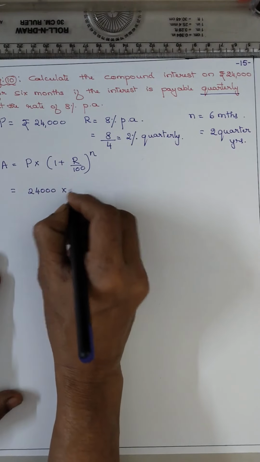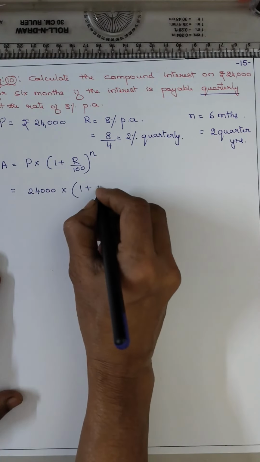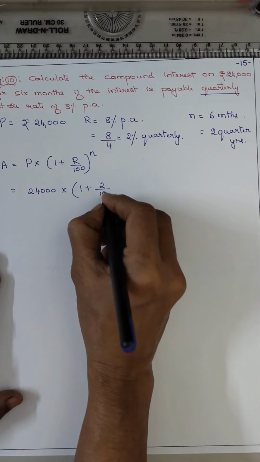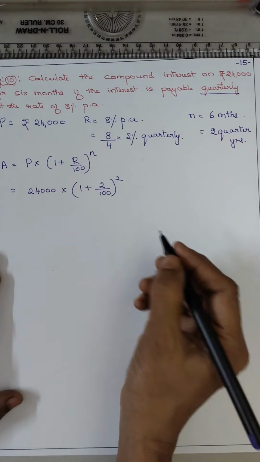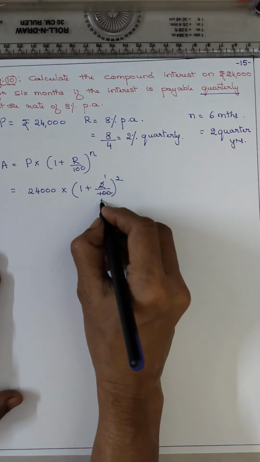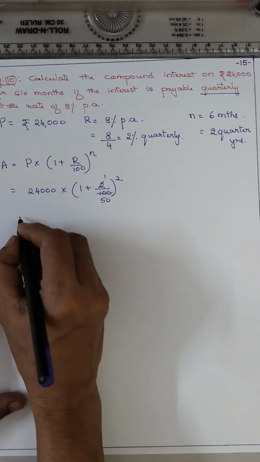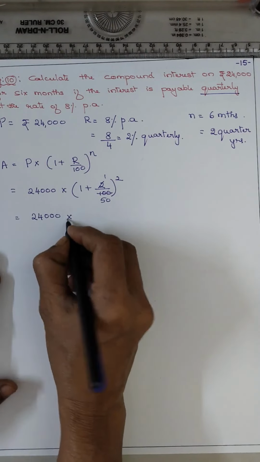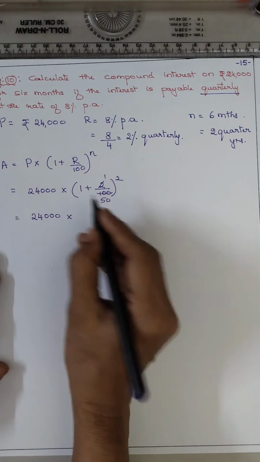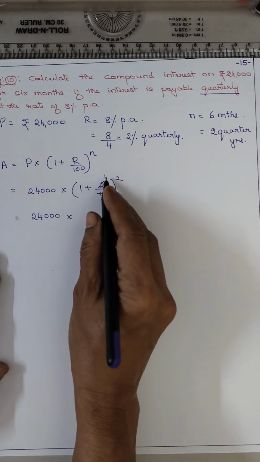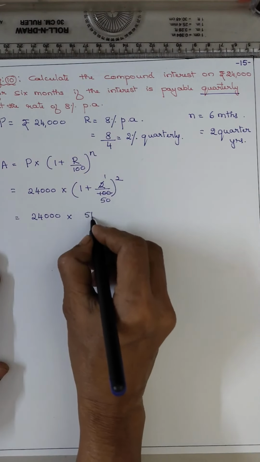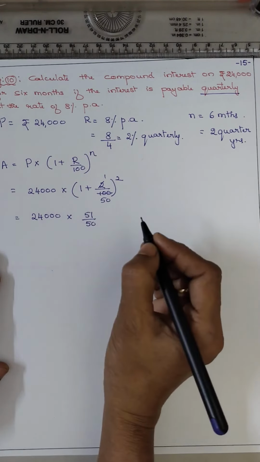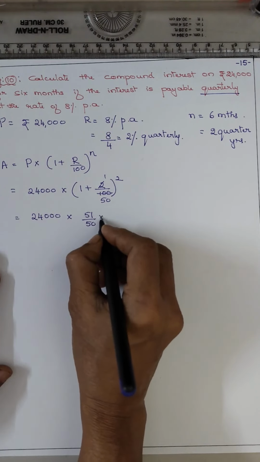24,000 into bracket open 1 plus 2 upon 100 the whole raised to 2. 2 ones are 2, 50s are. So 24,000 into, it becomes 50 plus 1, 51 upon 50, 2 times.